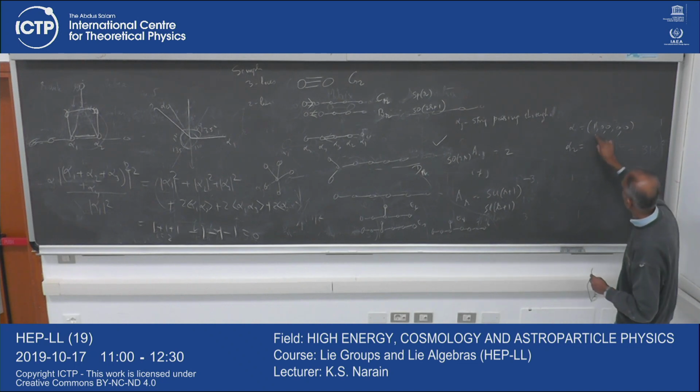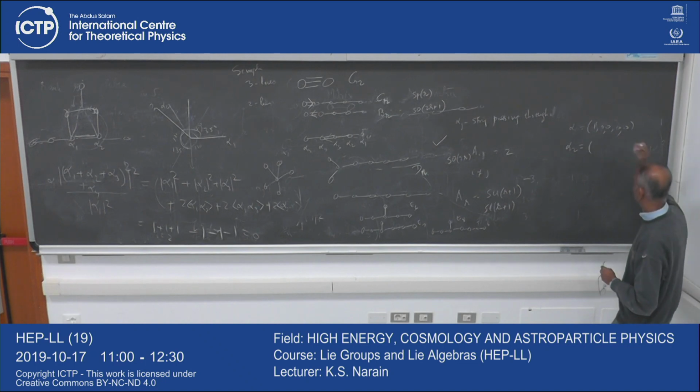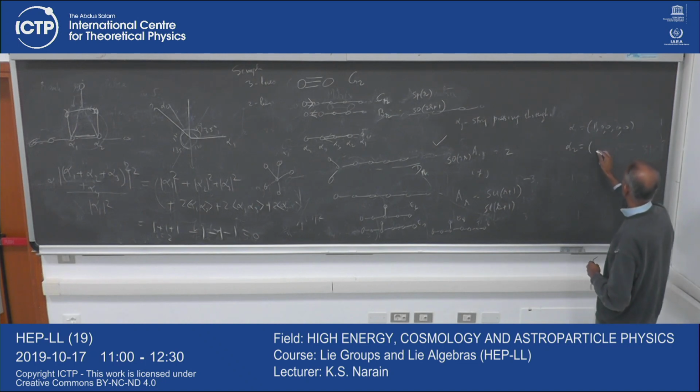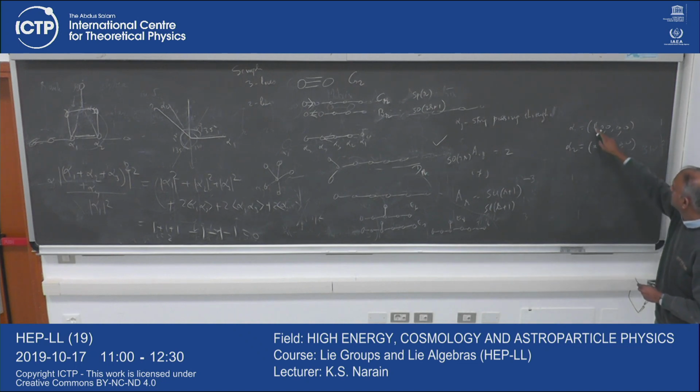But I know that the dot product must be minus half. So let's call it (x, 1, 0, 0, 0). I choose a vector like this, and then I demand that the angle is 120 degrees.